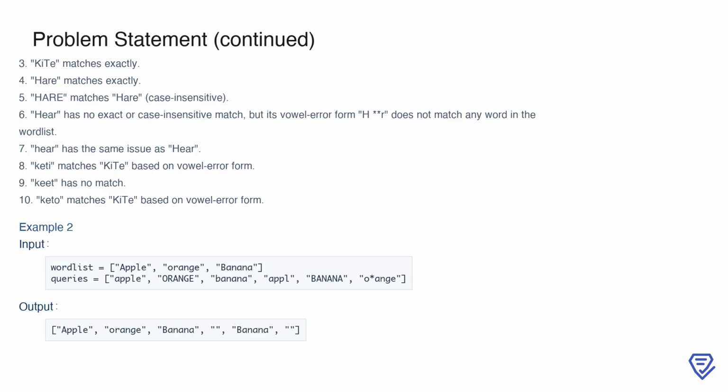For keet, no match is found even after applying the vowel error rule, so an empty string is returned. Finally, keto matches kite through the vowel error transformation. This example shows how the spellchecker prioritizes exact matches first, followed by case-insensitive matches, and then vowel error matches, while returning empty strings for queries that fail to match any word.